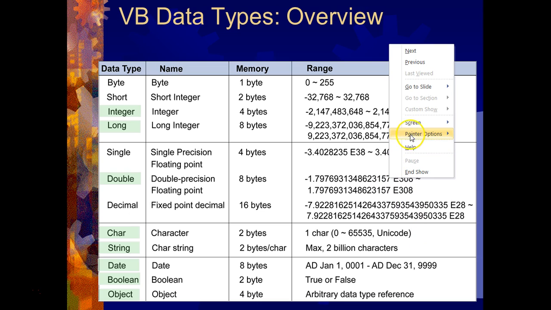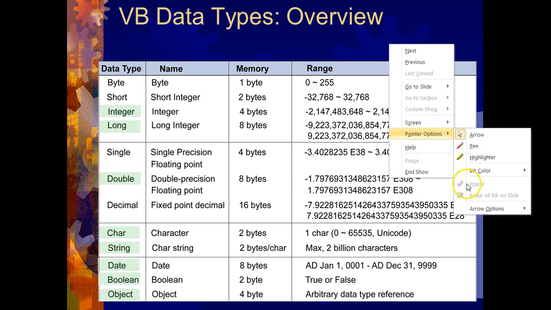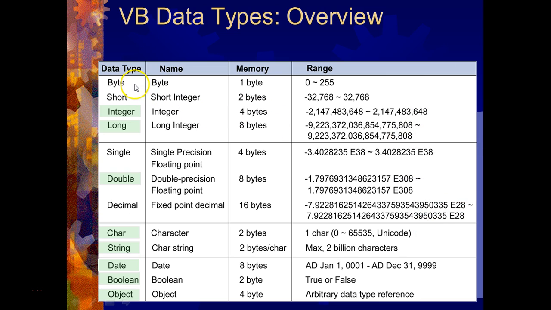Okay, so we said that we have these different data types, and some that we've seen already are integer and double, and maybe we saw object a little bit and string, but there are other data types as well. Now, why do we have data types?